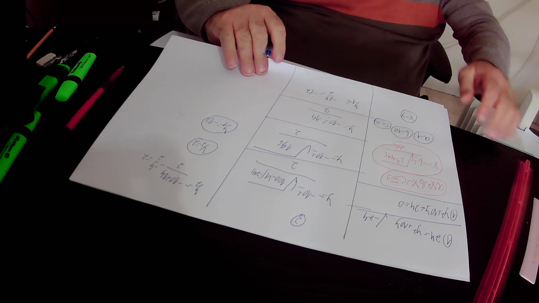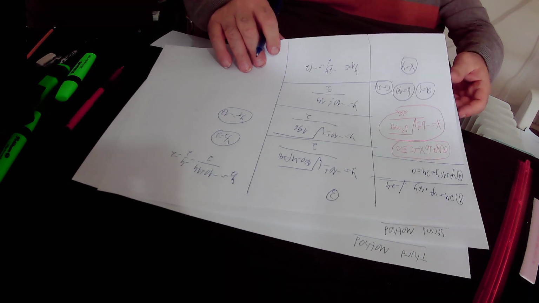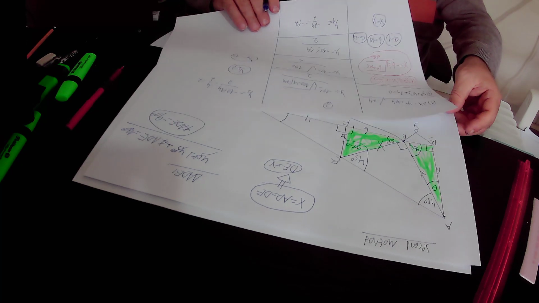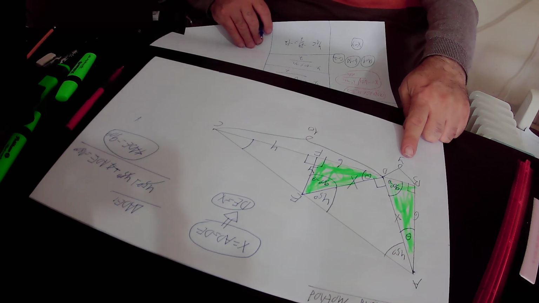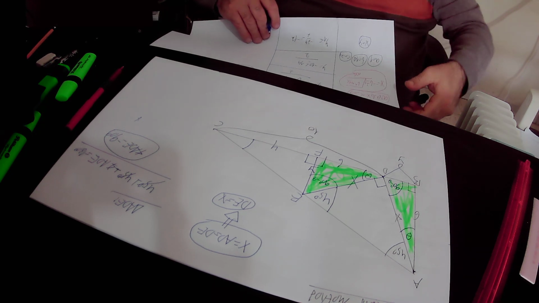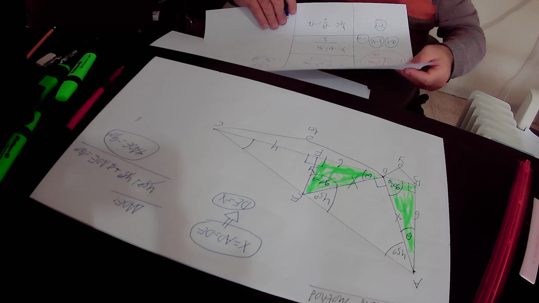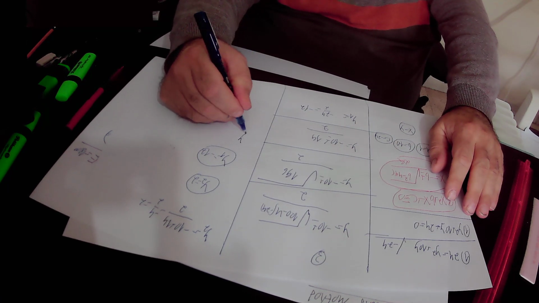Okay, so here y1 cannot be equal to minus 12 because y is a length. Y is the length of side BD of the right triangle, triangle ABD, and as a length it cannot be a negative number.